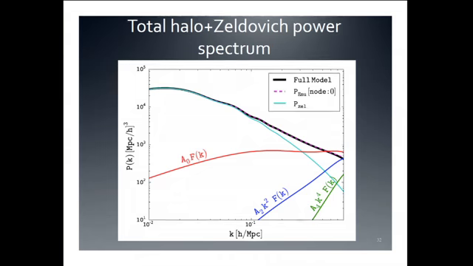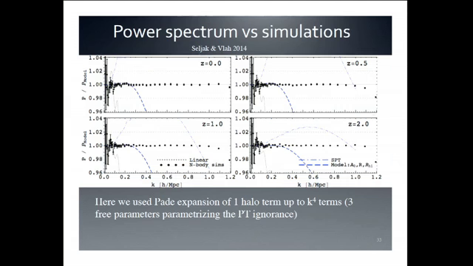Here I'm showing an example, where the black solid line is a simulation, the blue line is a Deutsch power spectrum, and I'm adding this one halo term, and I get a total which agrees very well with the simulation. Here's another example of this kind of modeling with 3 extra parameters. You can get very good precision up to high k, small scales.